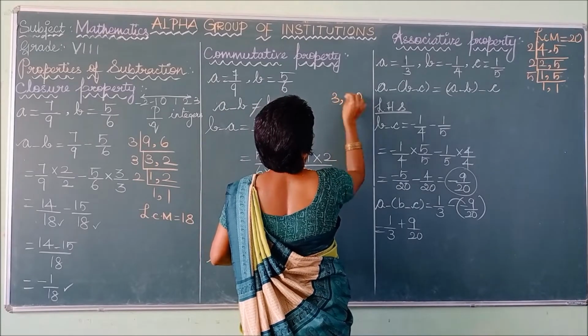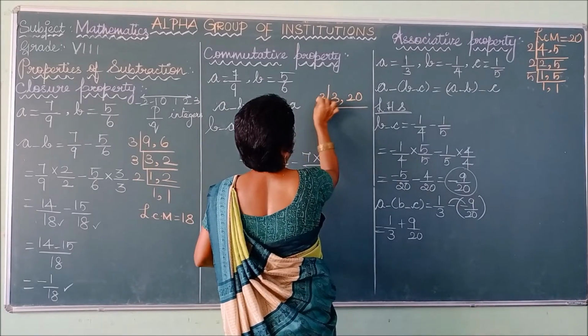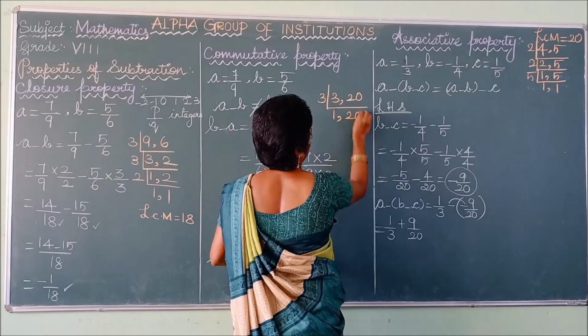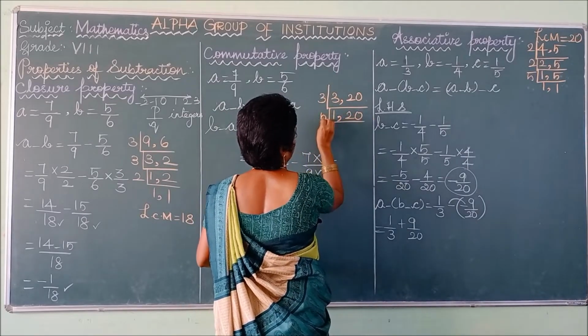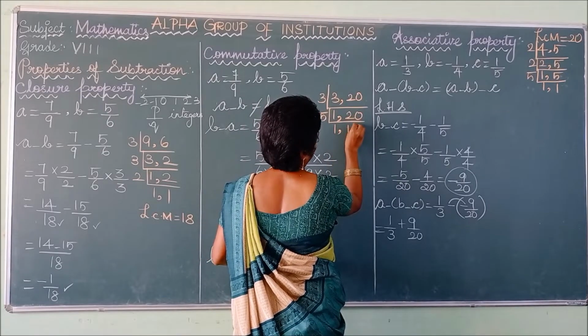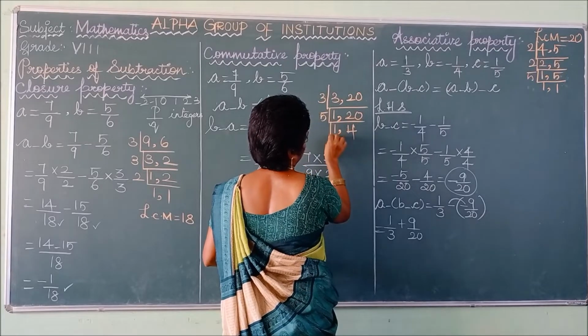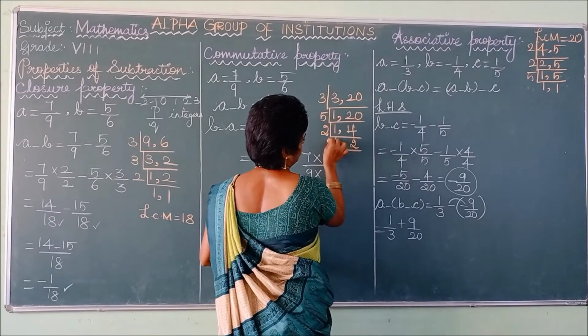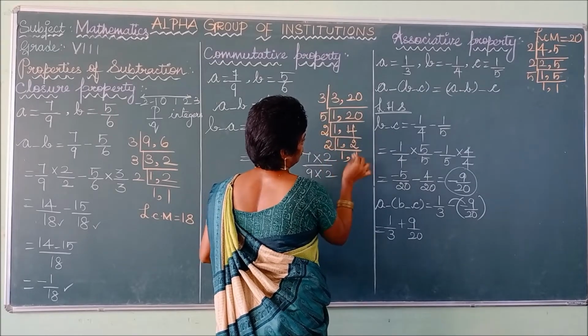So 3 comma 20. Put LCM. 3 comes in the 3 table only. Then for 20, you can do with the 5 table. What is the value? 20 comes as 4 times. Then again 2 table. 1 comma 2. Then 2 table 1 comma 1.